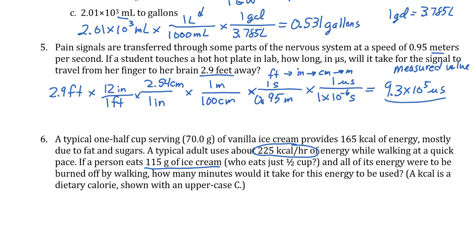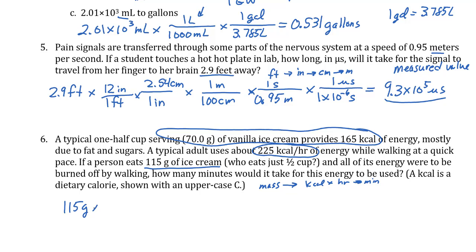We have 225 kilocalories per hour, and we also have 165 kilocalories per 70 grams of the vanilla ice cream. So maybe I can take the mass of the ice cream and convert that to kcals, and then from kcals I can convert that to hours, and then maybe then to minutes. So I'll start with that measured value, 115 grams.